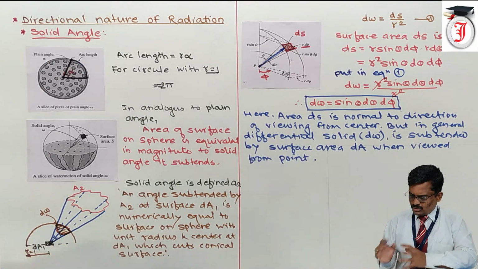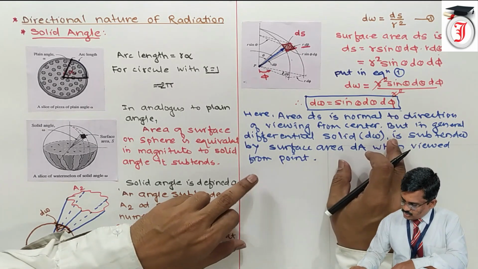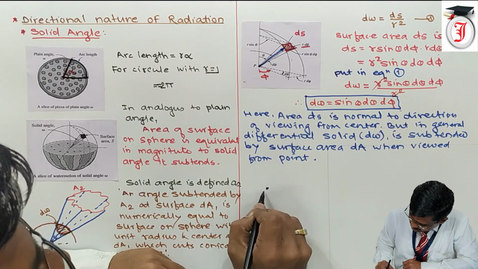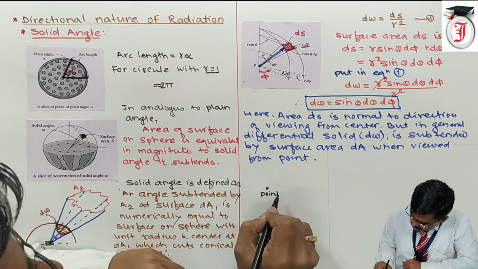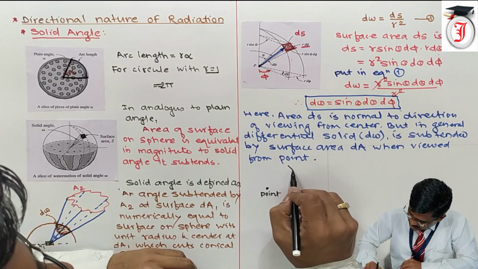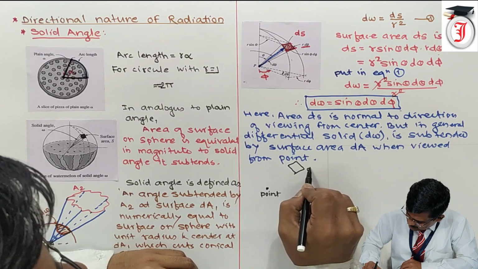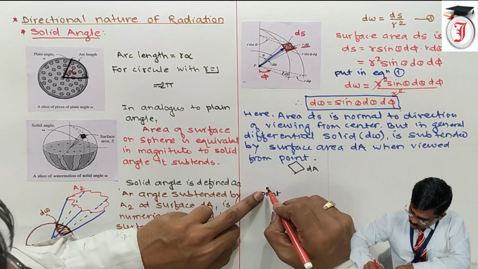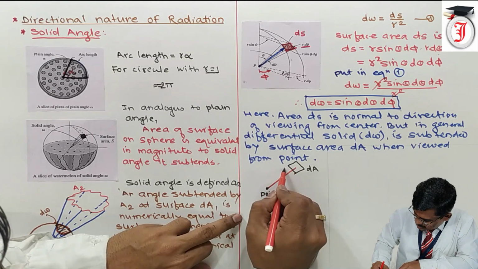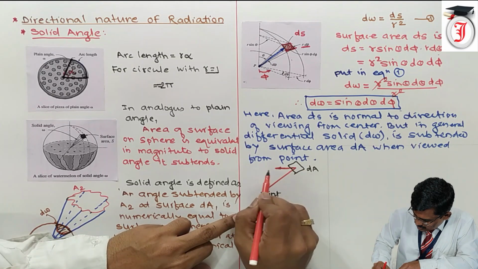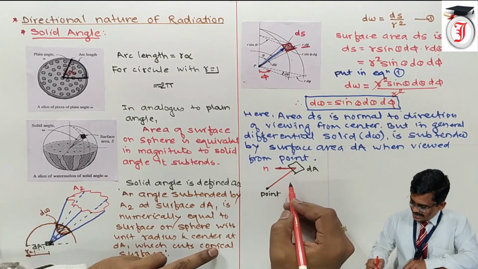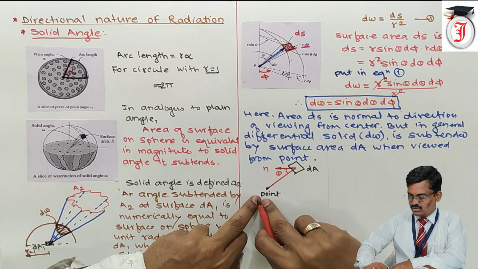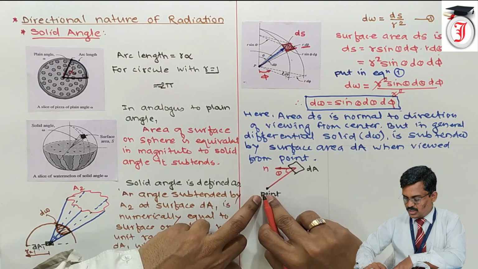Let us understand this also. Let us consider there is one point, and there is one surface area dA. When we are looking from this point, the normal direction is different. Let us consider this is the normal direction L of the surface, and it makes an angle theta with this direction when we are viewing from the point.